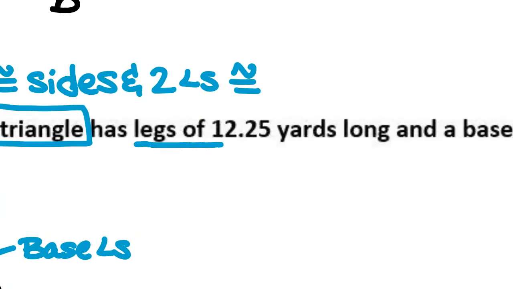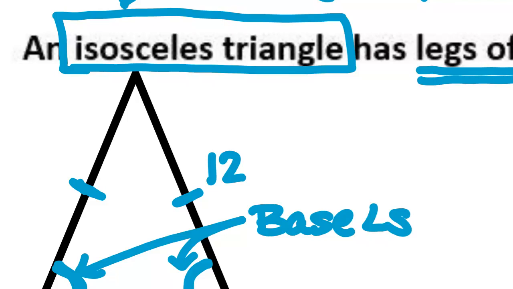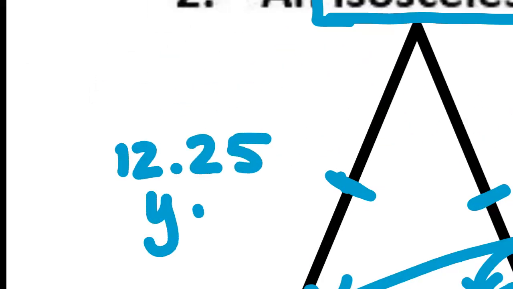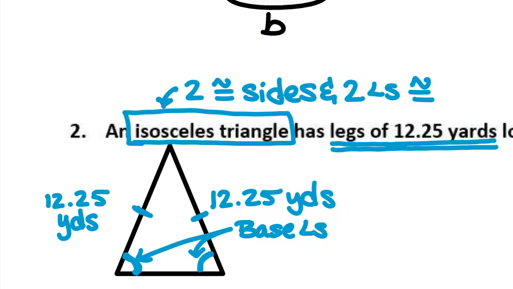The legs of this isosceles triangle are 12.25 yards. I knew it couldn't be the bottom of the way I drew this triangle because they didn't say that it was the base.